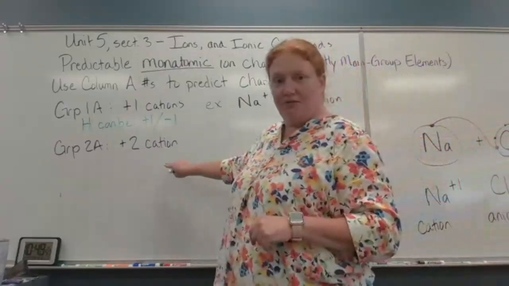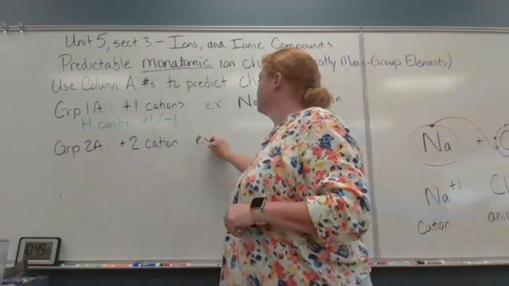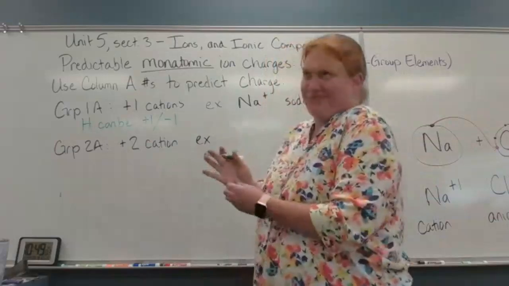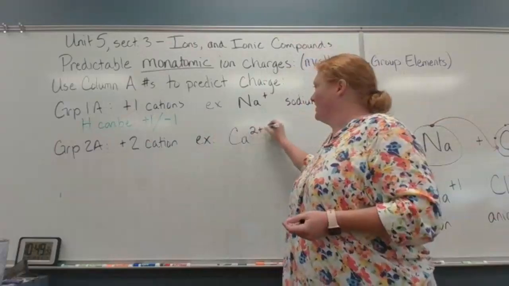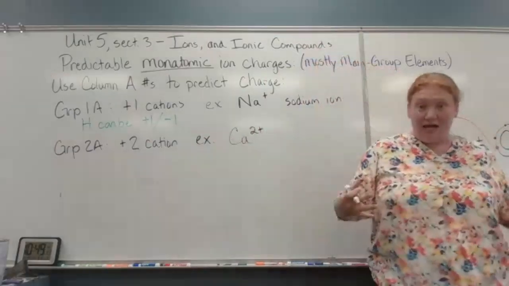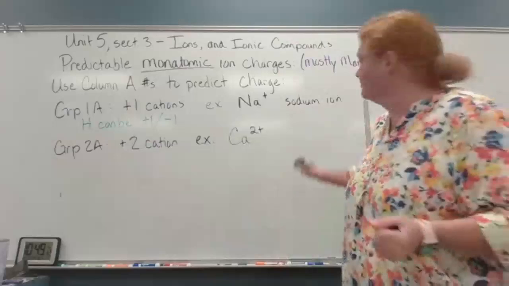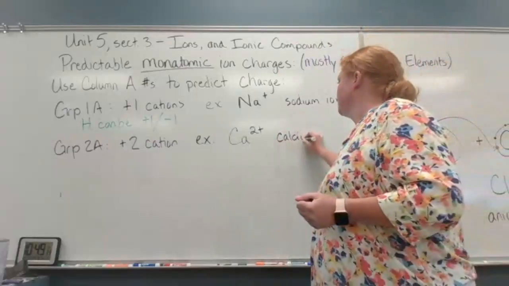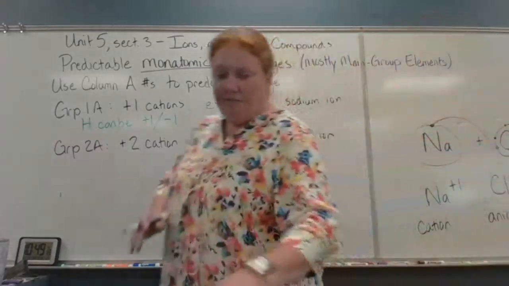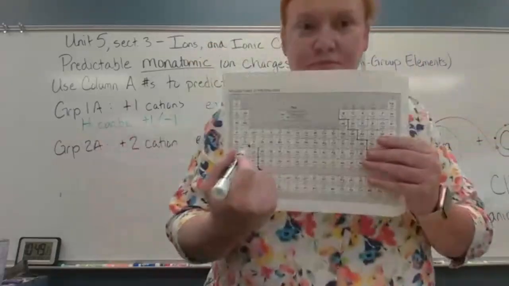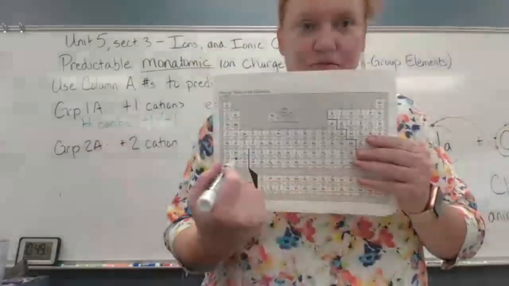They become +2 charged. Calcium, when it is in an ionic compound and it's made an ion, will be +2. Calcium ion.